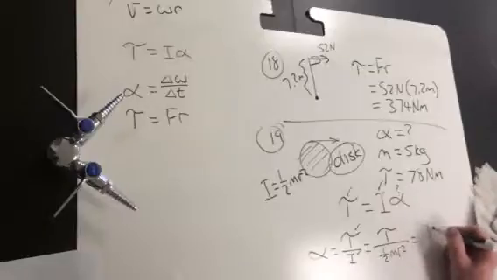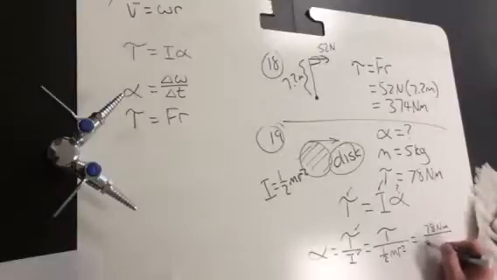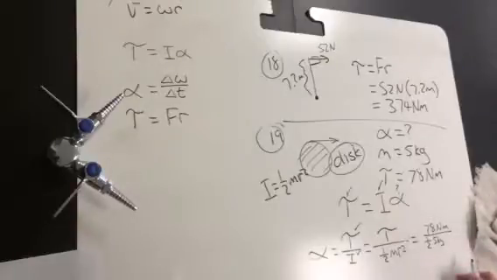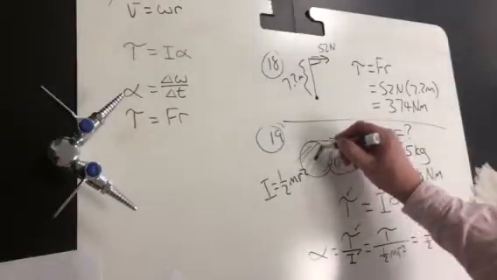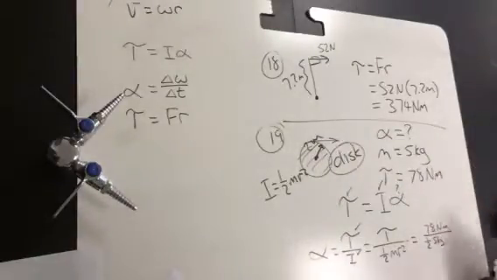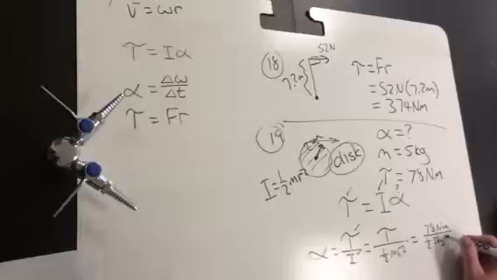So alpha is equal to 78 newton meters over 1/2 times 5 kilograms times, let's say, oh, I didn't give you a radius on this disc. So let's say this radius is 2 meters. So this is going to be times 2 meters squared.